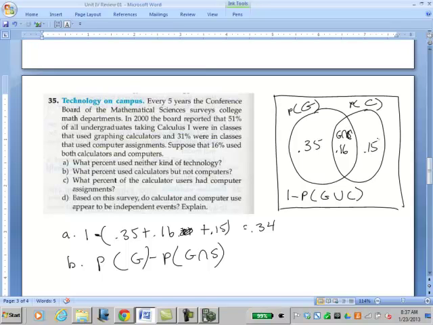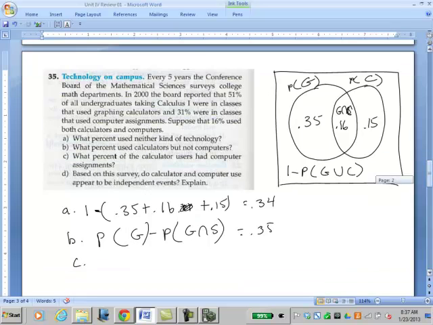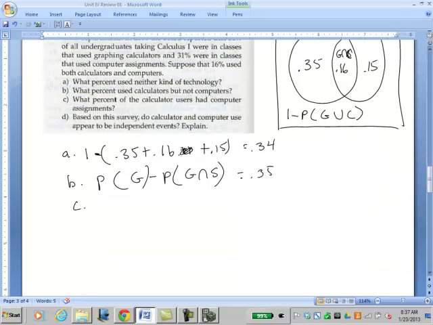Okay. B. What percent use calculators but not computers? It's right there. It's 0.35. Okay, C. This is why the Venn diagram is valuable, because it can really answer the questions for you. What percent of the calculator users had computer assignments? This is a little deceiving.